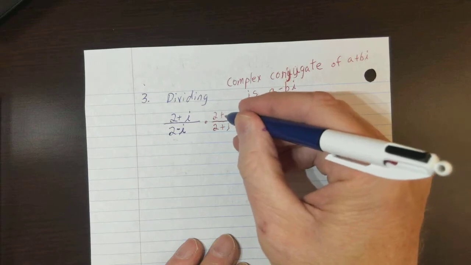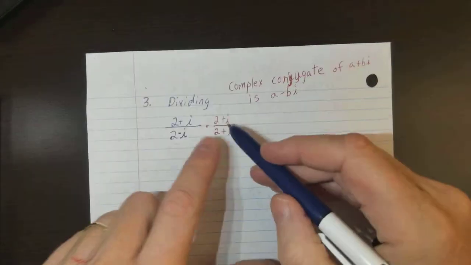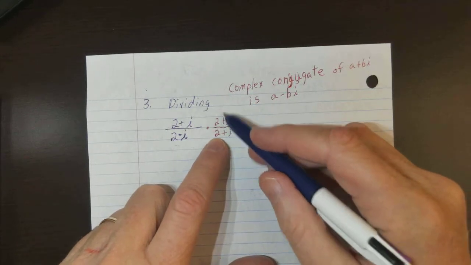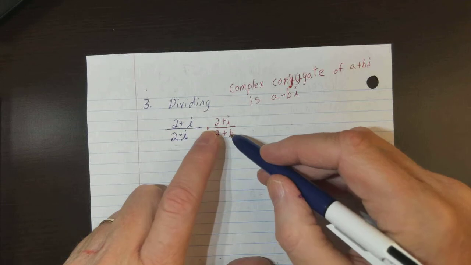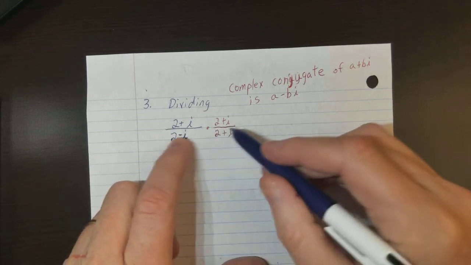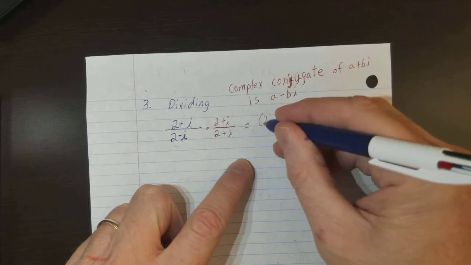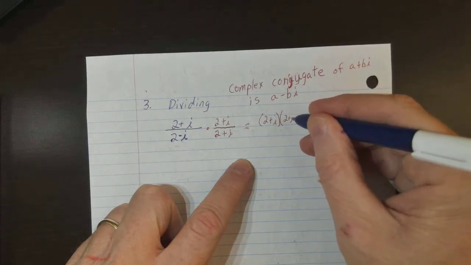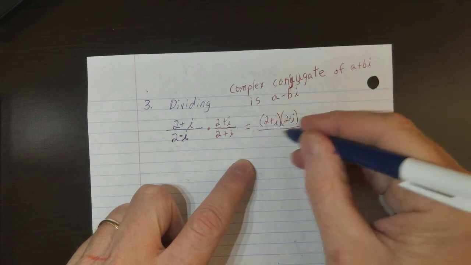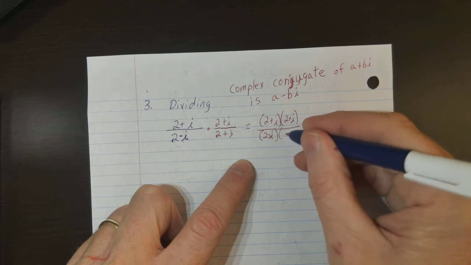And we don't want to change the actual value, so rather than dividing, we're multiplying by 1, but it's the complex conjugate of the denominator. So we've got 2 plus i times 2 plus i, over 2 minus i times 2 plus i.